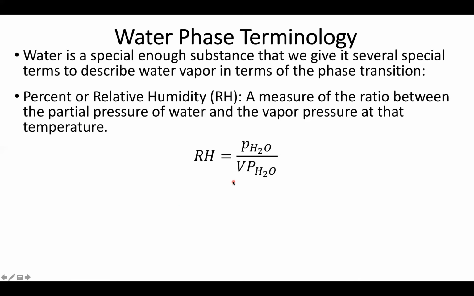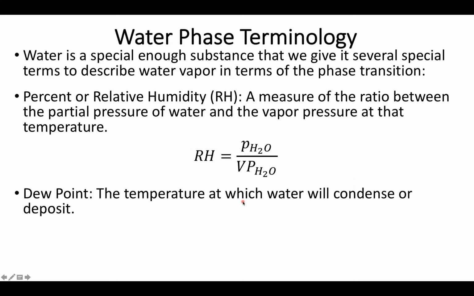And you'll notice that the vapor pressure will end up changing based on temperature. So what may be a high relative humidity on a cold day will be a very low relative humidity on a hot day. And this is really illustrated when we look at another special term, which is the dew point. This is essentially the temperature at which water will condense or deposit. And you can imagine this by looking at relative humidity. Let's say I start off with a moderate relative humidity, and then the temperature drops.